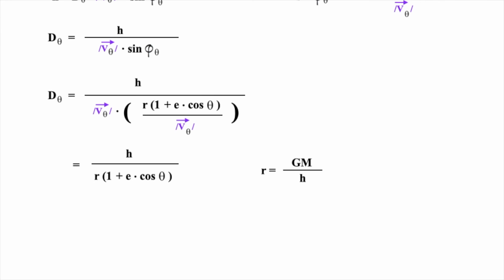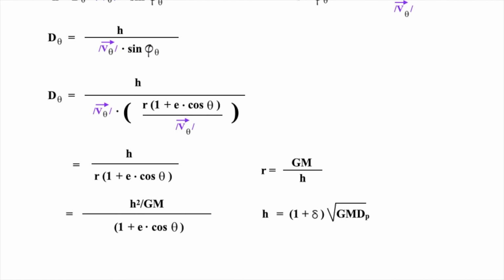Time now to use one of our key formulas to substitute for r. r equals h squared over gm. This gives us h squared over gm in the numerator and 1 plus e cosine theta in the denominator.